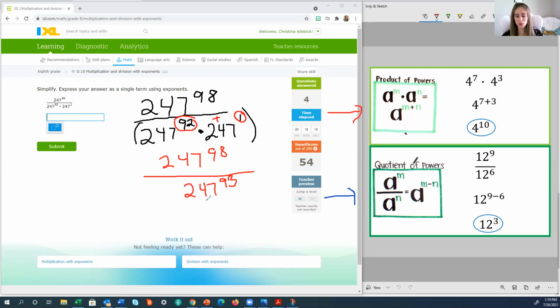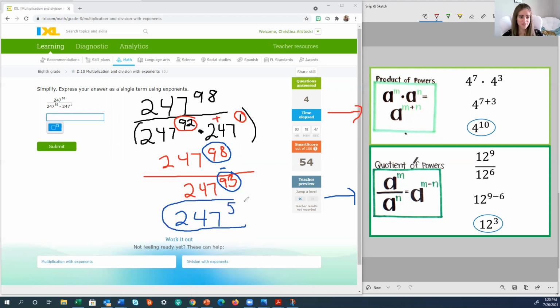What do we do to our exponents? We subtract them. We're going to take 98 and subtract that from 93. As you've probably noticed, I'm showing you a different way to show your work if you don't want to rewrite every step. What's 98 minus 93? 5.